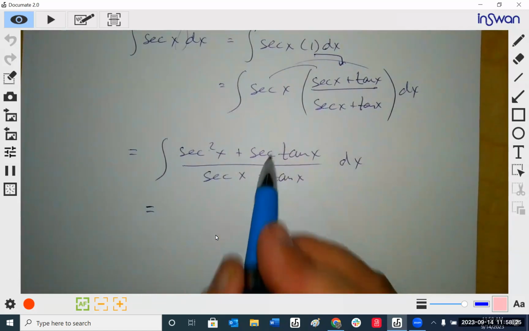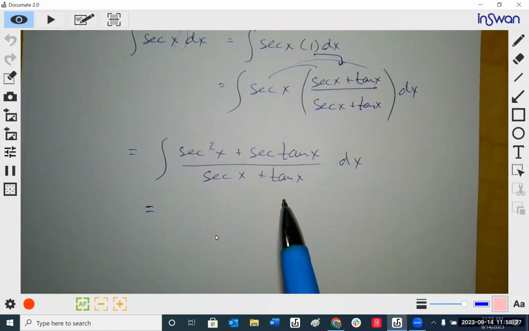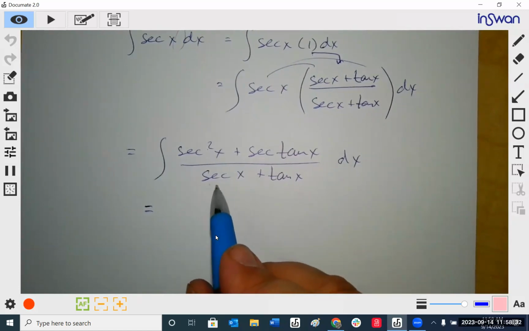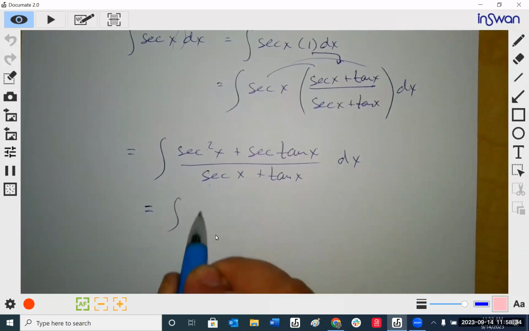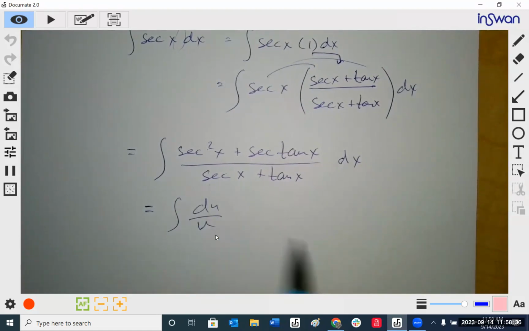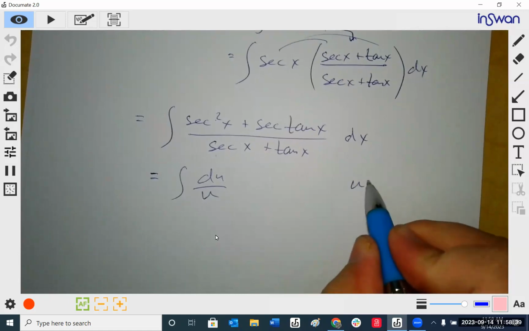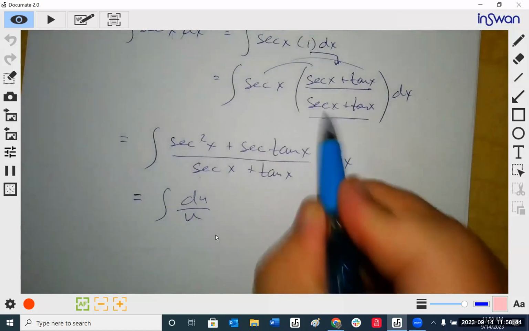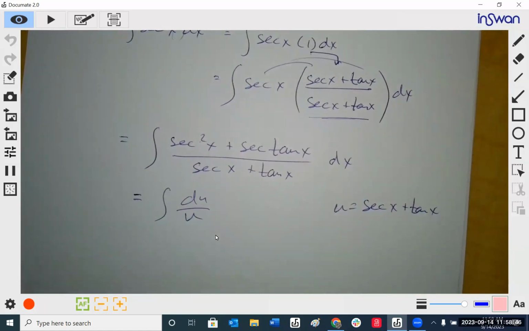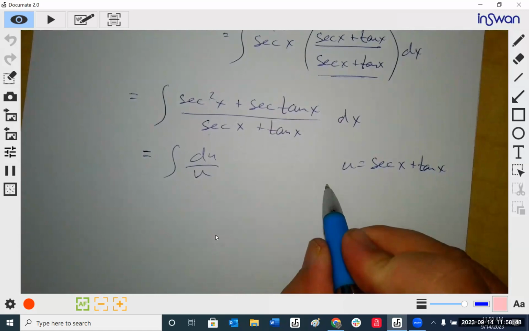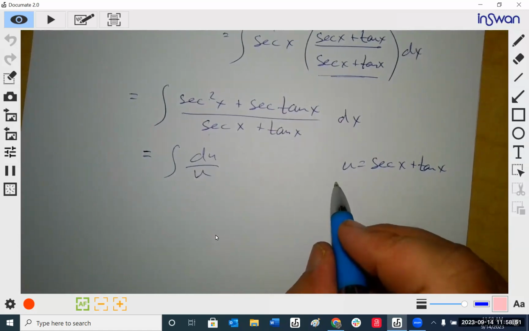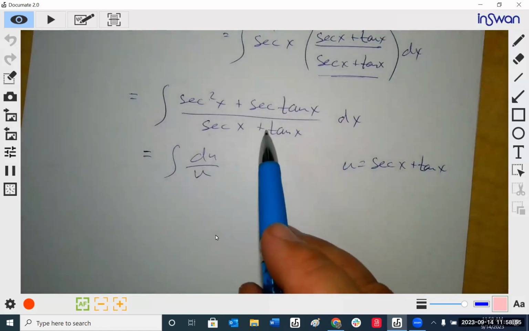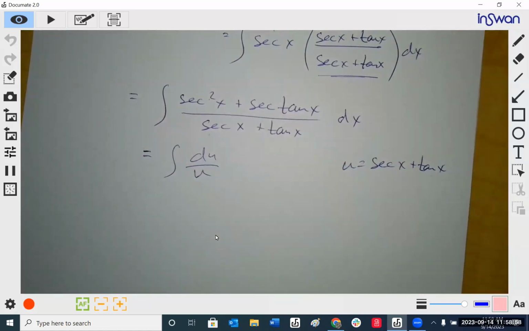So since that's squared, it'd have to be du over u. So u would have to be secant x plus tangent x. That's what we just did there. The derivative would give us secant squared and secant tangent.